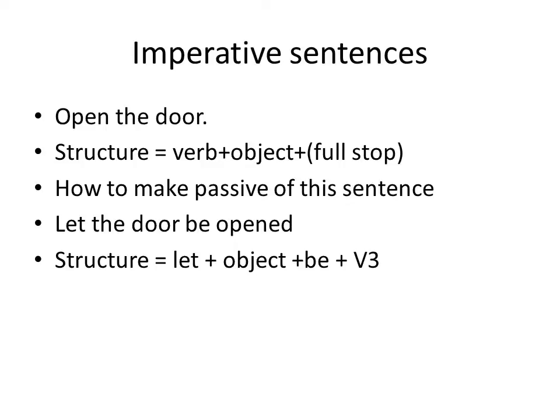This is the next type of sentence. Imperative sentence. In an imperative sentence, we give orders, commands, requests, etc. By the use of imperative sentences, we can give suggestions or orders, or many things we can do. Just see the sentence.